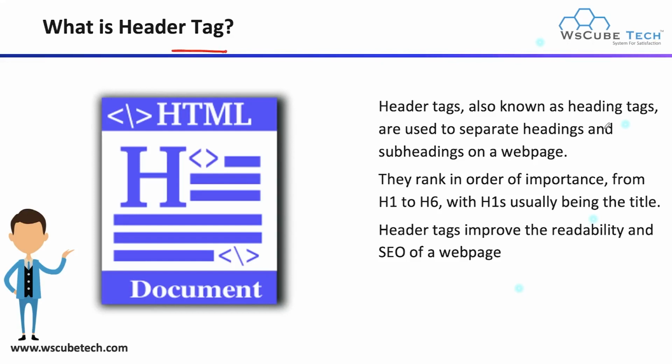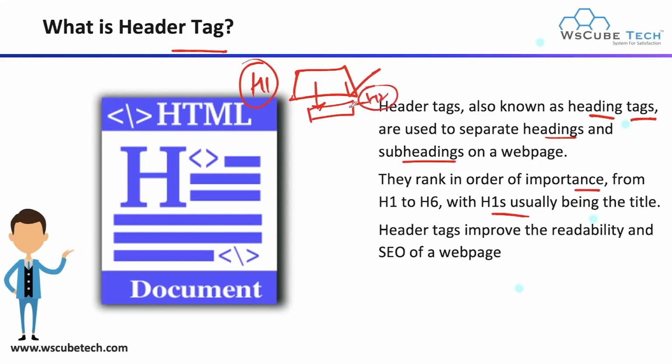Header tags, also known as heading tags, are used to separate your headings and subheadings on a web page. They rank in order of importance from H1 to H6. H1 is usually your title, that is your big heading. This is your H1 here. For this big heading, we have another heading, that is your H2. H2 is the subheading of your H1.